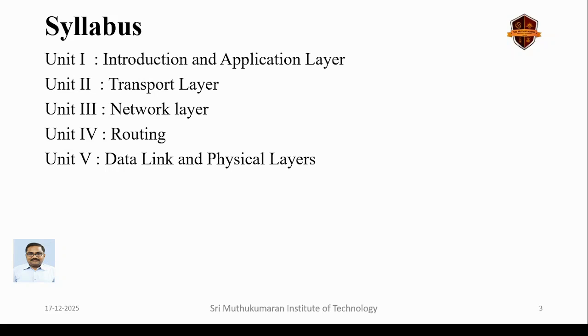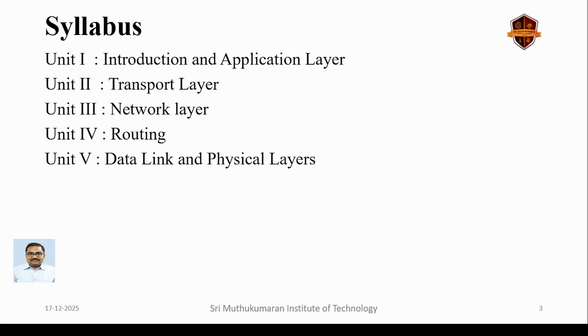Then the second unit deals with the transport layer, which deals with the various protocols in the transport layer, mainly UDP and TCP, which is used to establish the connection, and also how to do congestion control and how to do flow control of information between the source and the destination.